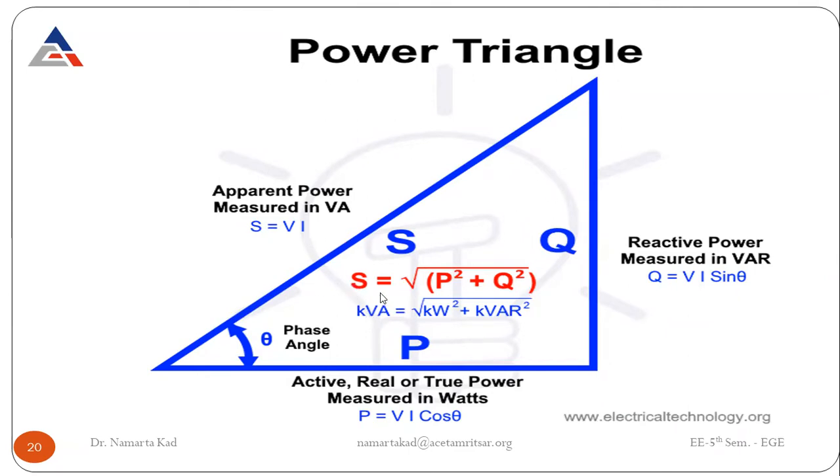S is equal to the square root of P square plus Q square. Or in the form of units, kVA is equal to the square root of kilowatt square plus kVAR square. So this is our power triangle.